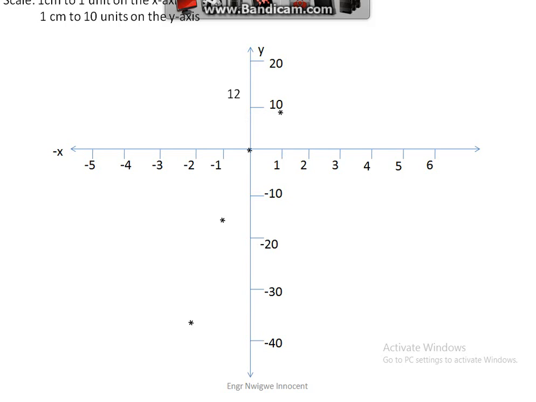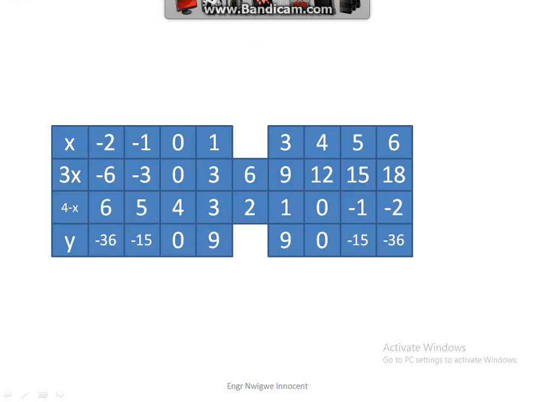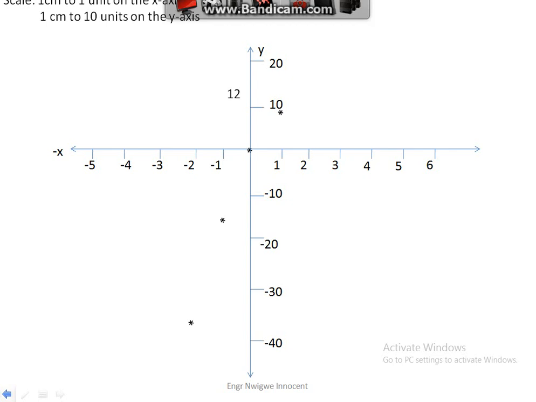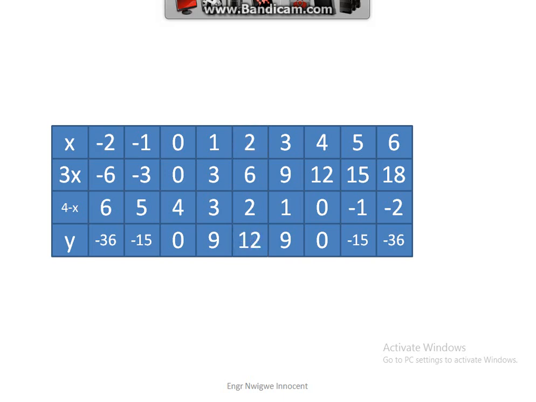Therefore, since it is a positive value, we trace 9 on the graph upward and trace 1 on the graph rightwards. Where the two intercept and meet, it will be the location of that point. We mark asterisk. Then we now go to the table again. The next value of x is 2. The next value of y is 12.